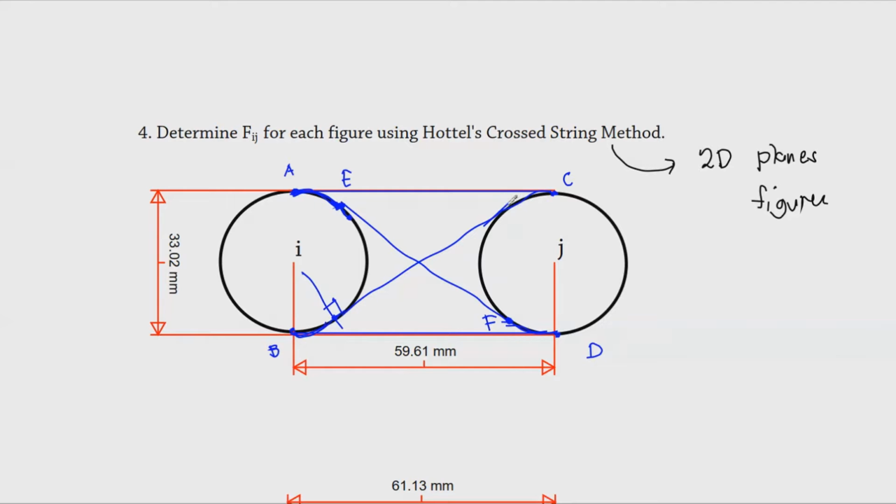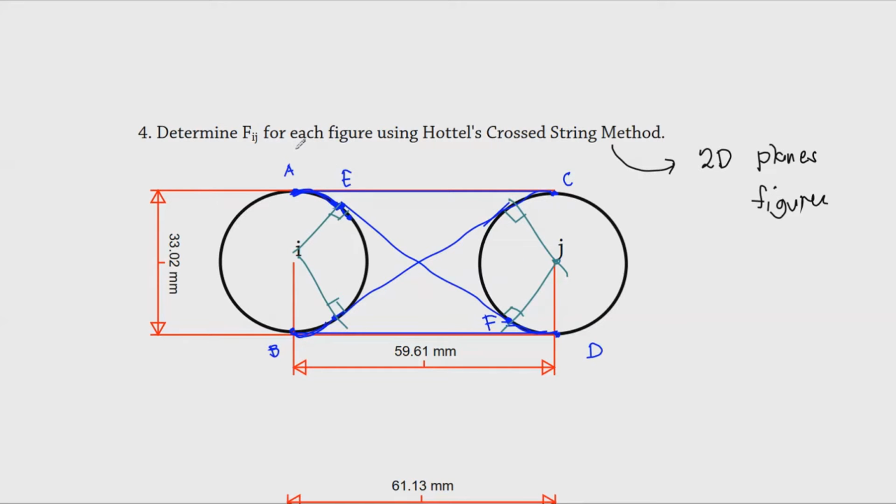Let's use a different color. If we draw something from here, we know that this is from the center, the radius distance. This is tangent to the line, and it's the same for this one. So this is also tangent.